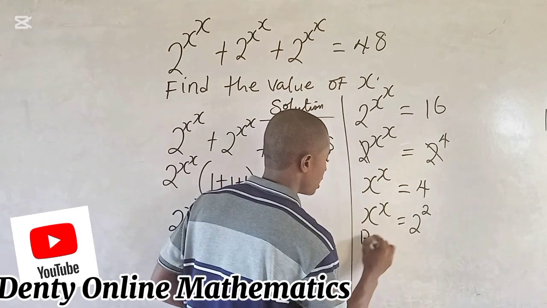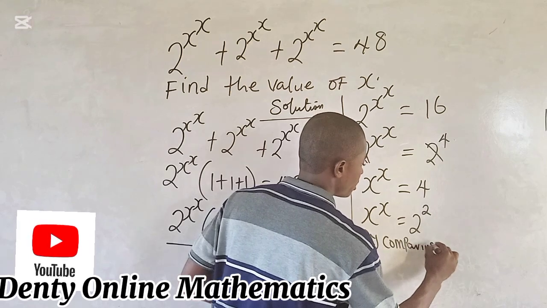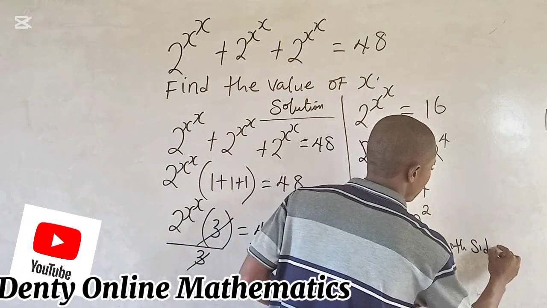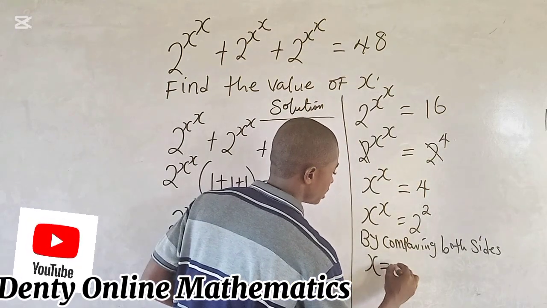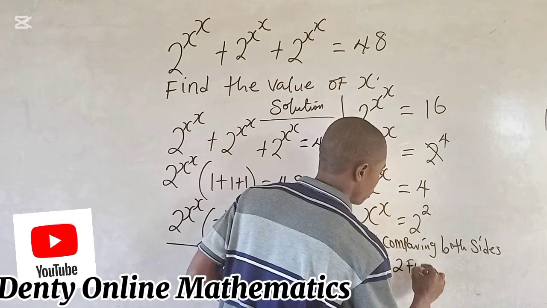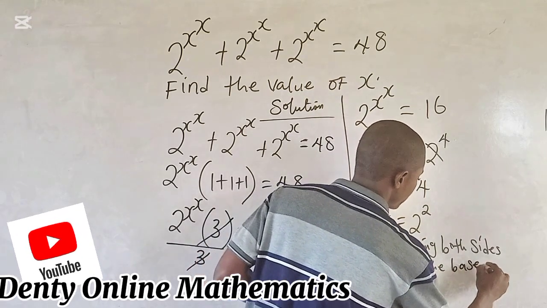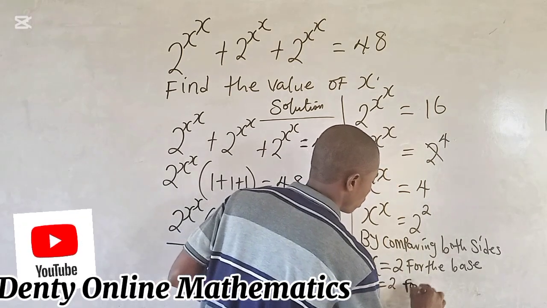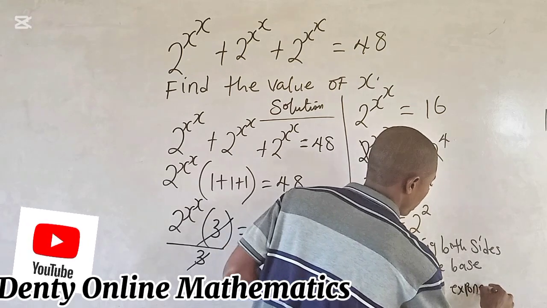So I can say, by comparing both sides, I can see that the base x is equal to 2. That's for the base, and x is also equal to 2 for the exponent or for the power.